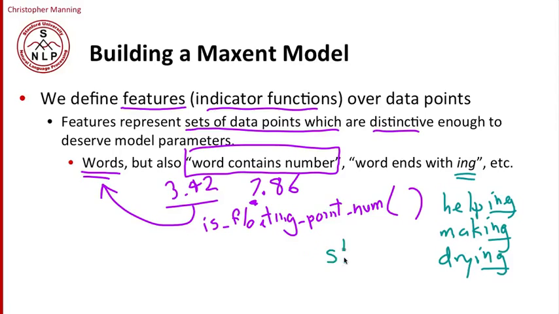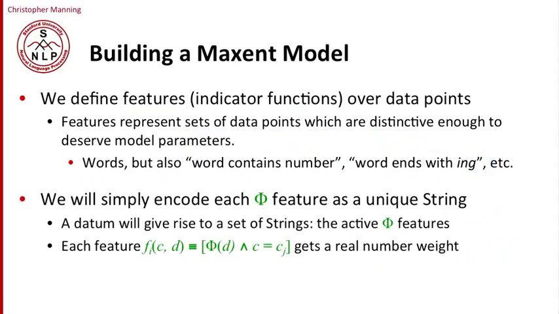Of course, this isn't always true. You'll get a word like sting, but nevertheless, it's a good indicator, and so a feature like this is something that you can expect to get a positive weight in a model if you want to have a model that's classifying words for something like part of speech.